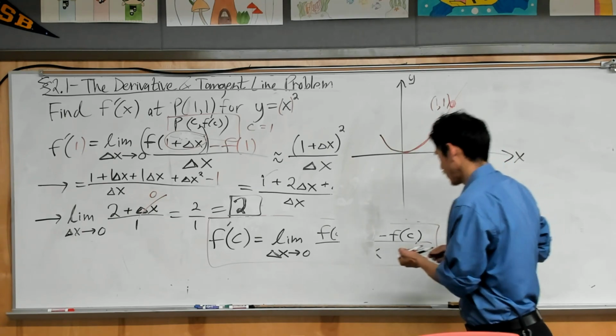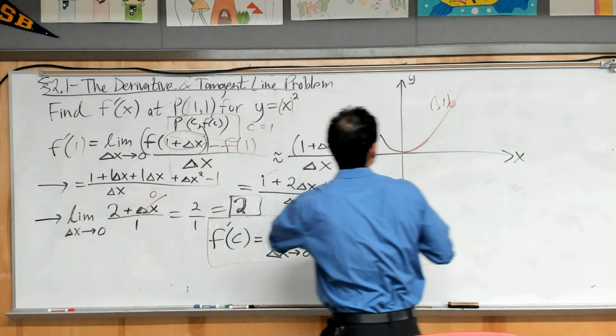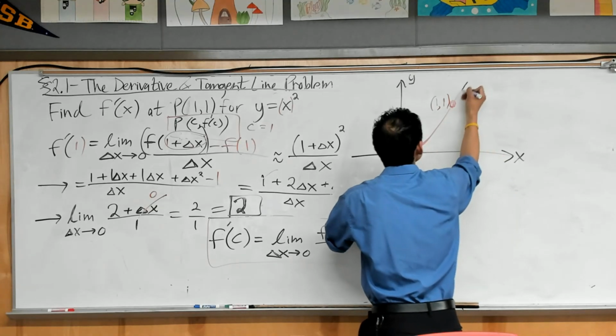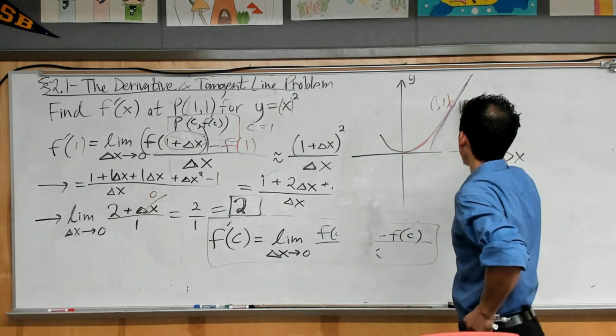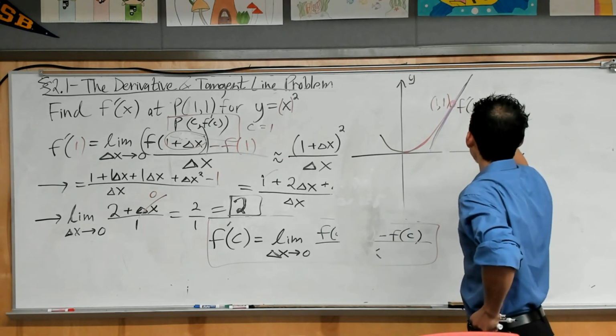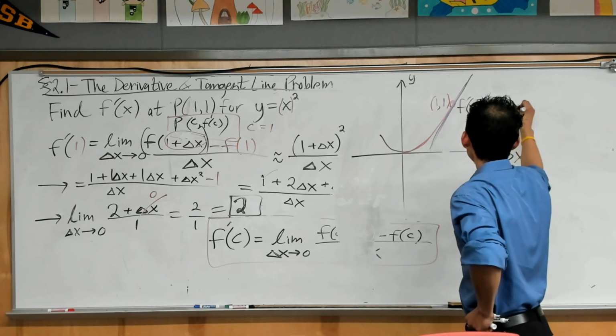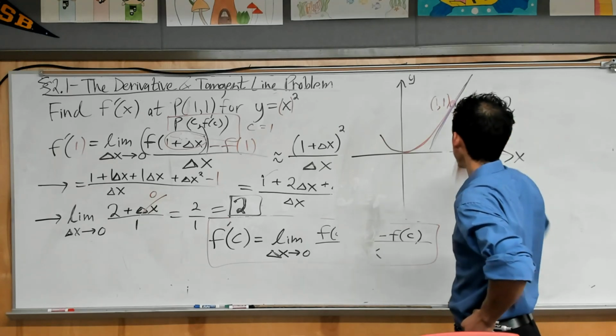We're wondering what the slope of this purple line would be. So the slope here, or f prime of 1, is equal to 2. Basically saying that this has a slope of 2.